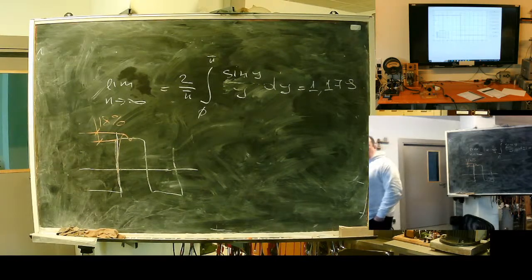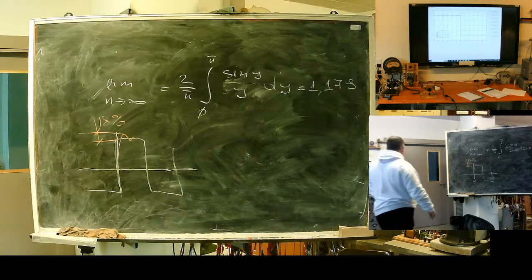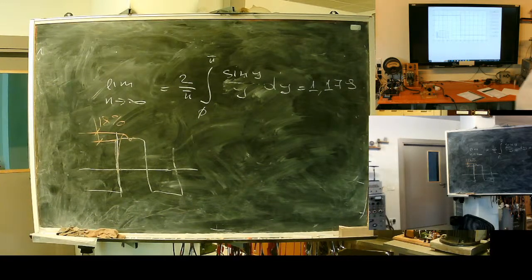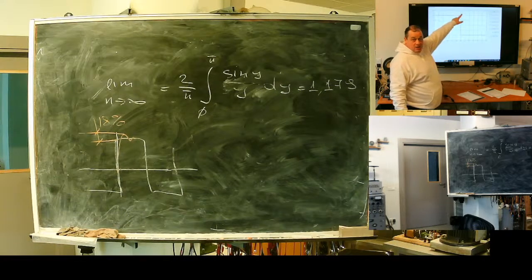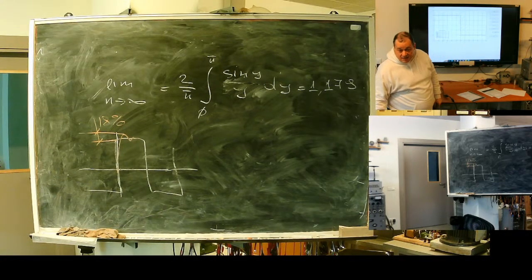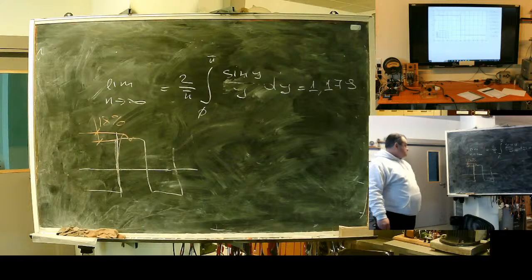Gibbs not only pointed out the problem with the Fourier law, but when approximating an interrupted original with an uninterrupted function, we will see oscillation. Gibbs also found that this overshoot in amplitude never exceeds 18%. But the problem persists.